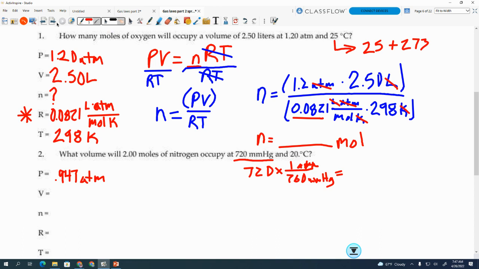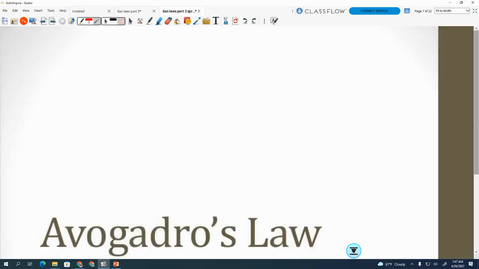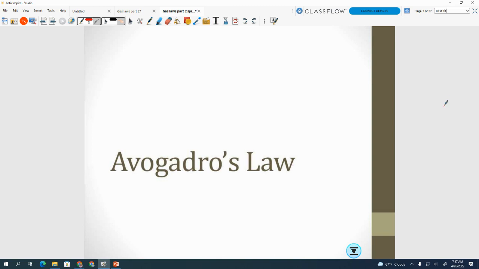Now, moving on, we're going to go back to Avogadro's law a little bit. Avogadro's law is where we ended up yesterday, where we were talking about a volume-mole relationship, or a pressure-mole relationship.